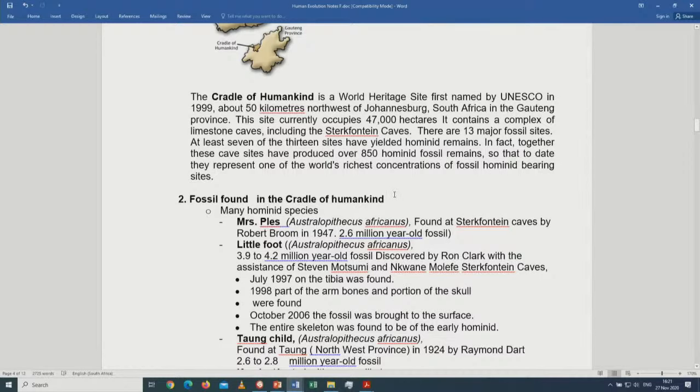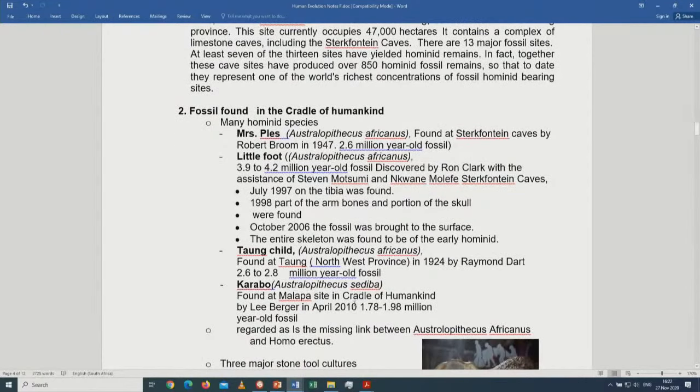And the type of fossils that we find in the cradle of humankind belong to Australopithecus africanus. The fossils include Littlefoot, Darwin child, Mrs. Ples. Those fossils belong to the Australopithecus africanus species. The Darwin child was found in the Northwest Province by Raymond Dart in 1924.